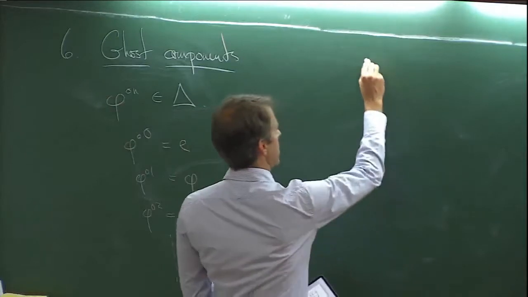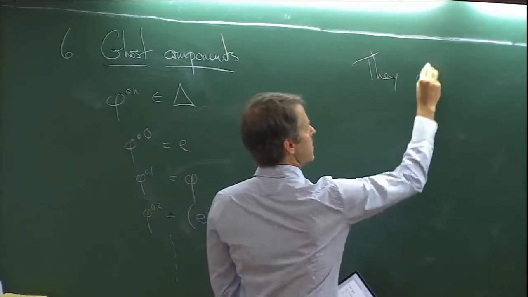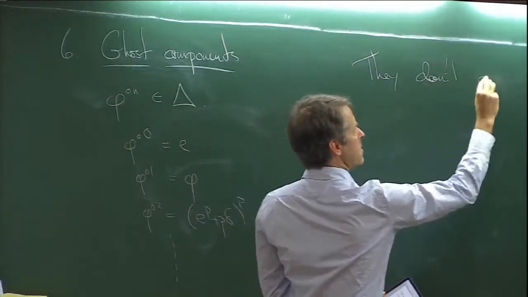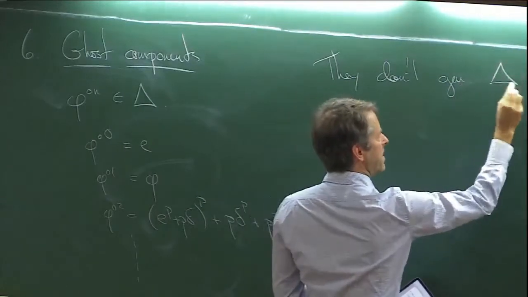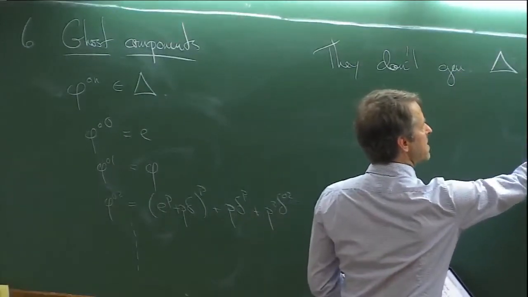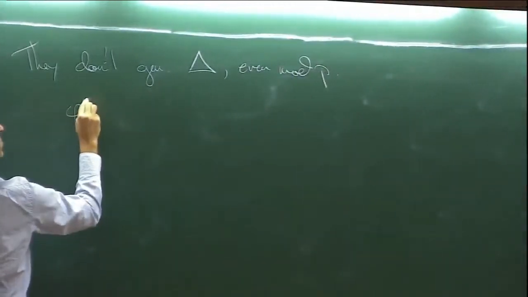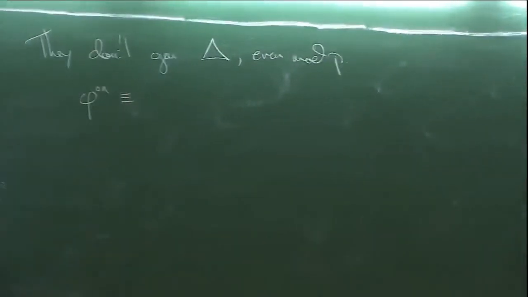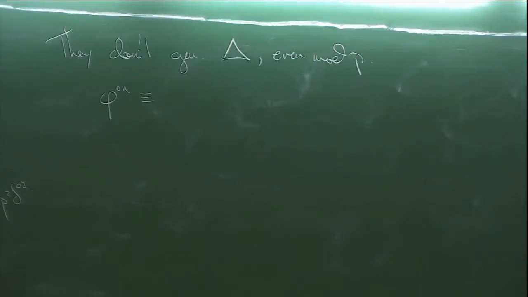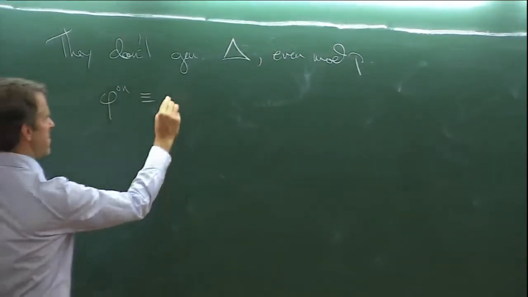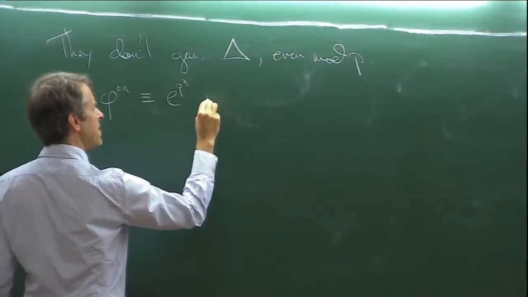So they don't generate delta even mod p, simply because phi is the Frobenius modulo p, so phi composed with itself n times is the nth iterate of the Frobenius modulo p.